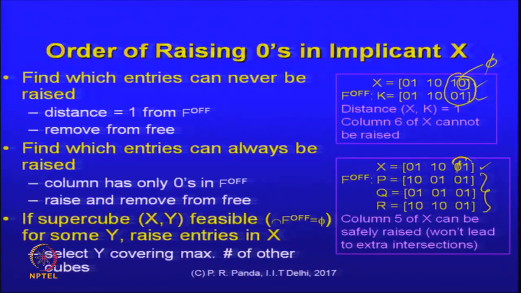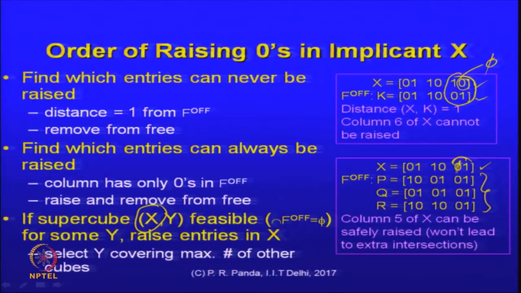So, where x is the implicant that we are considering, y is one of the other implicants that we have with us. If it turns out that it is feasible for some y, you raise the corresponding entries in x.